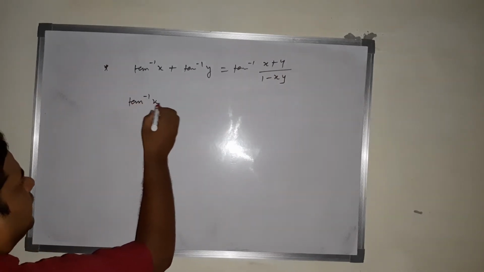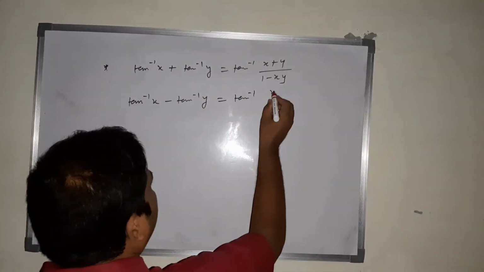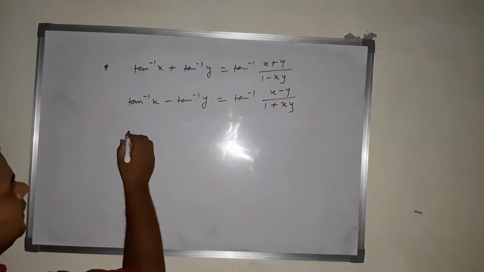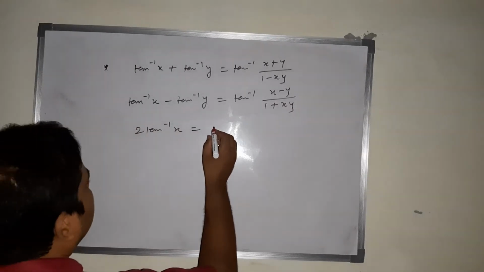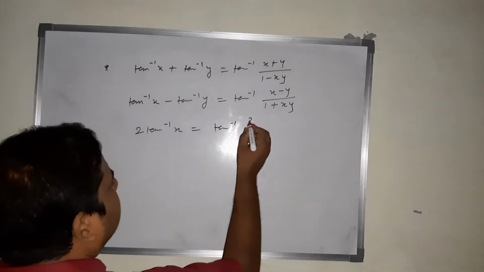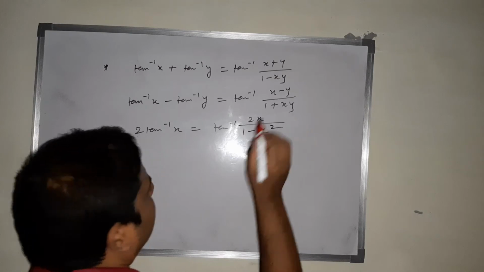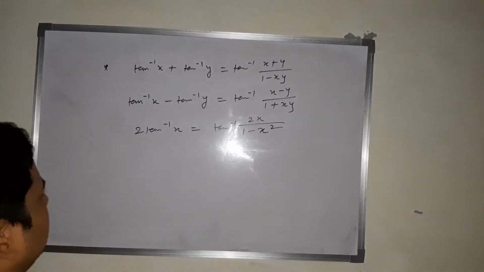Tan inverse x minus tan inverse y is equal to tan inverse of x minus y upon 1 plus xy. 2 tan inverse x is equal to tan inverse of 2x upon 1 minus x square. So these three properties we have to now prove.